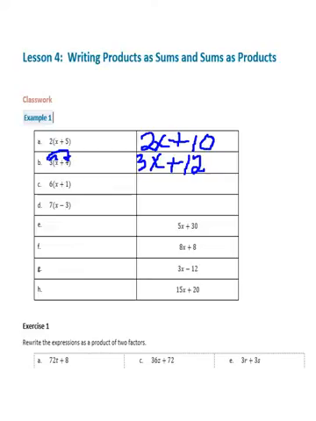The next one, we again using the distributive property, 6 times x and 6 times 1. We have 6x plus 6. I want you to try the next one on your own.